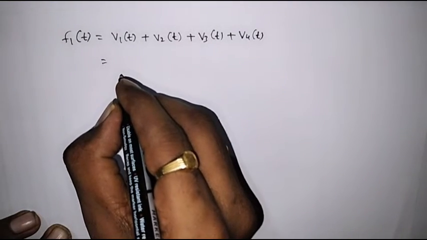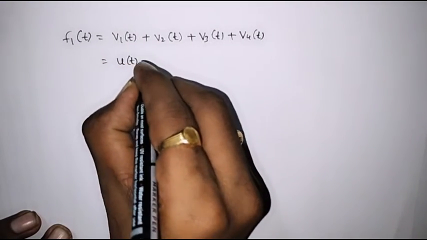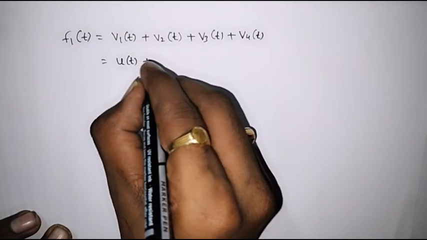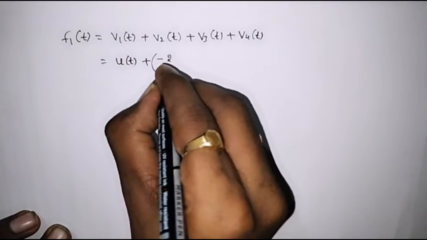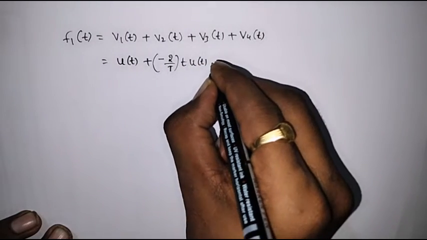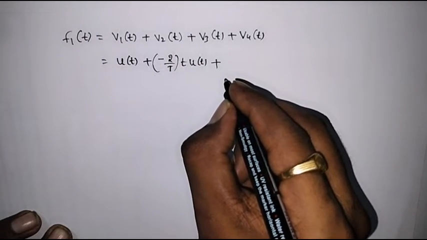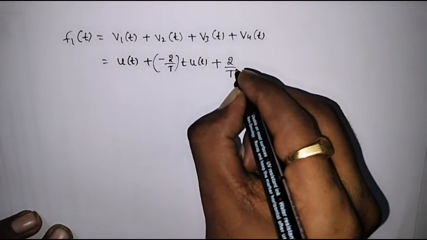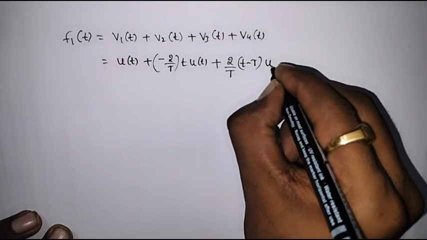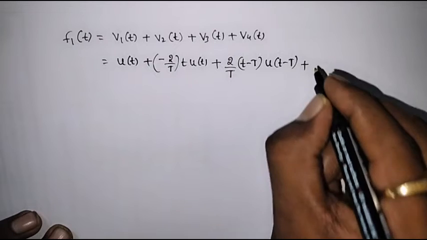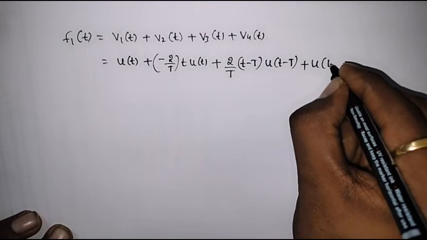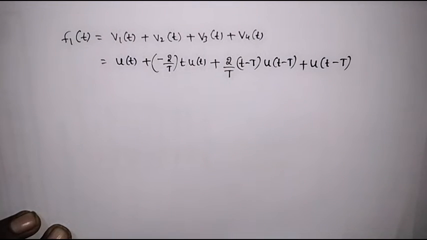That is, v1 of t is nothing but u of t, plus v2 of t is minus 2 by T t u of t, plus v3 of t is 2 by T (t minus T) u of t minus T, plus v4 of t is a step signal, that is u of t minus T.